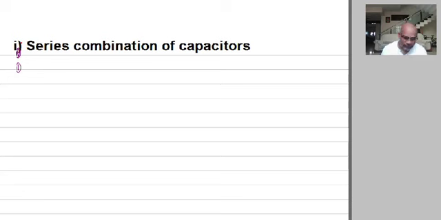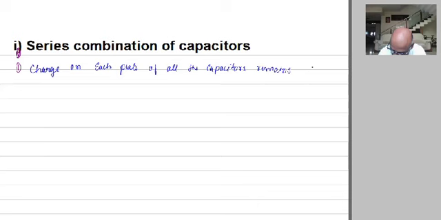Not necessarily two, a number of capacitors are said to be connected in series if they are connected end to end, such that the charge on each plate of all the capacitors remains the same.